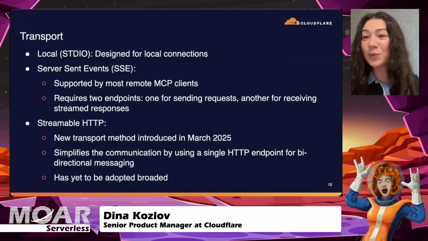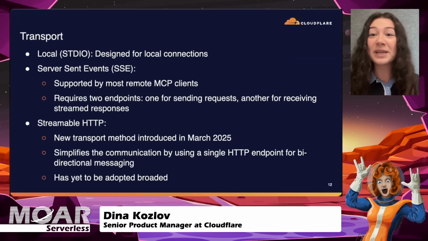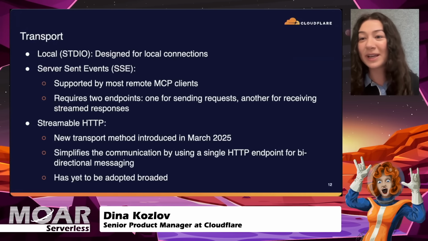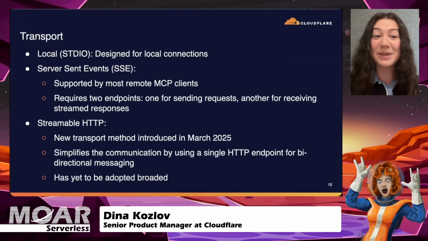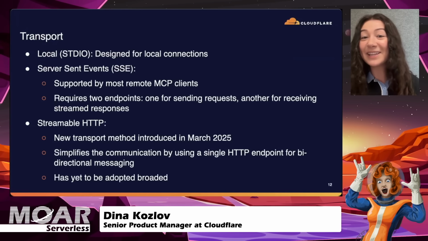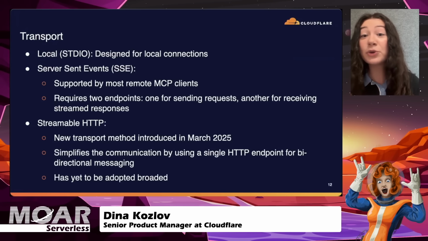Server sent events was the first transport method for remote MCP. And so because it was the first one that was out there, it is the one that is currently supported by most remote MCP clients. And so server sent events, it uses a single connection for the communication, but with two endpoints.